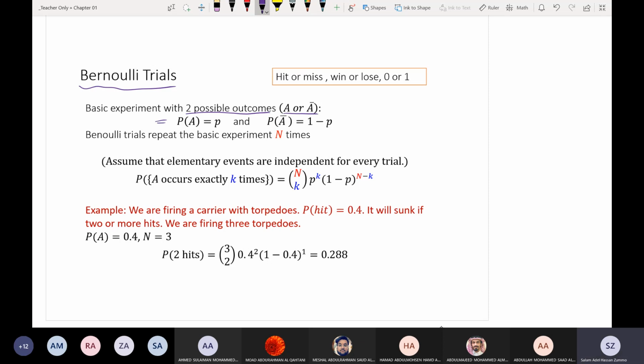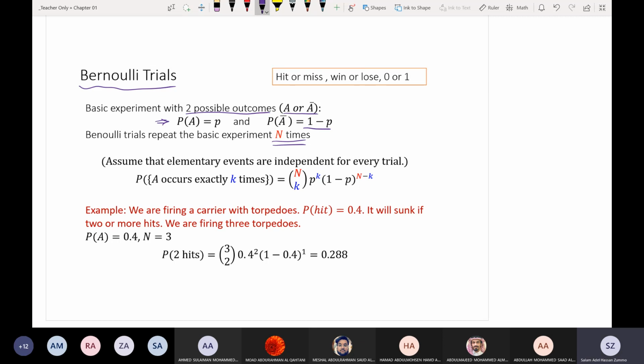The probability of A, one of the outcomes, equals P, while the probability of its complement, A complement, equals 1 minus P. So we have a simple experiment that has two possible outcomes. One of them happens with probability P, the second happens with probability 1 minus P. Now this Bernoulli trial is repeated n times.